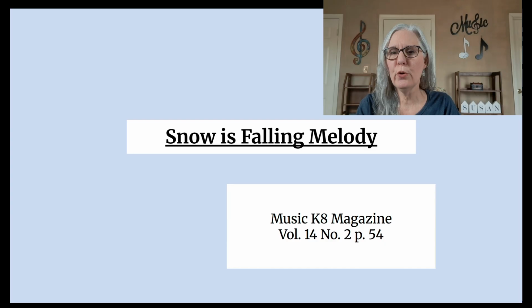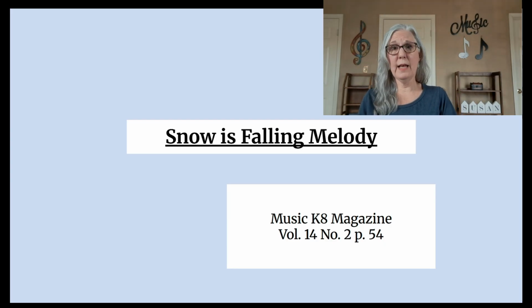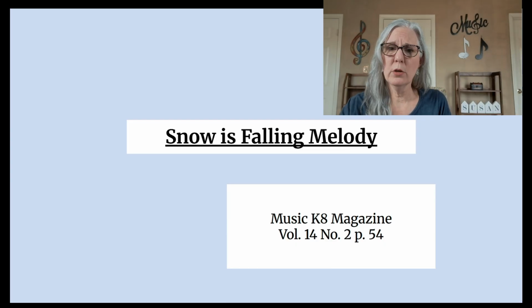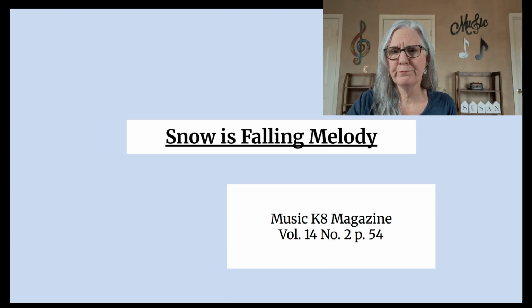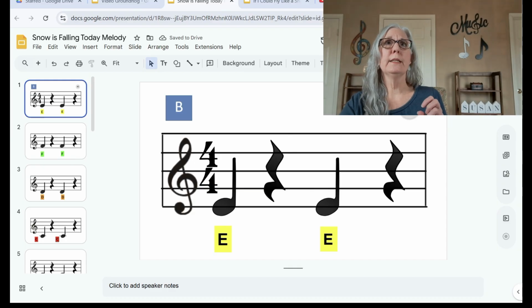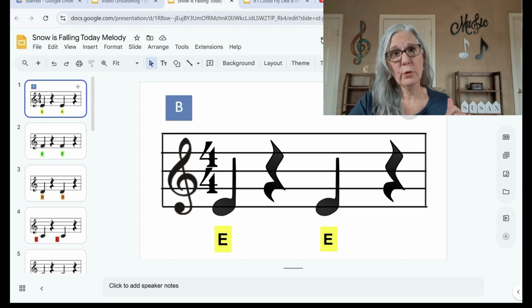But I just want to show you, if I was in the classroom, we'd be doing a melody song. This is another snow song. It's one that first grade sang last week, so they're playing on the instruments this week. It's another K8 song, Snow Is Falling Today. There's a part in it that says, on my head, on my nose, on my hands, on my toes.